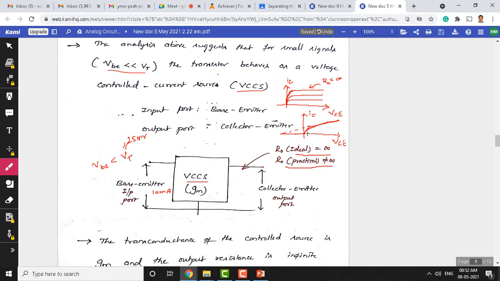For a practical BJT, the current curve with reference to the collector-emitter voltage is not a straight line like this. This is the ideal condition. So now you can see if you extend these lines, these curves are going to meet at infinity. They are going to cross the negative x-axis at infinity.